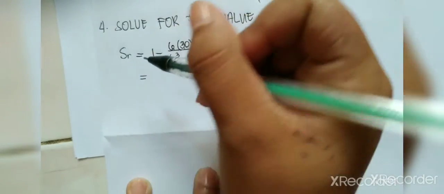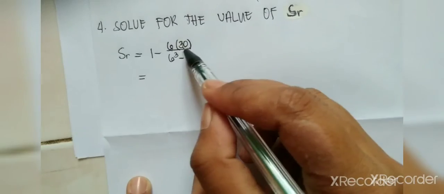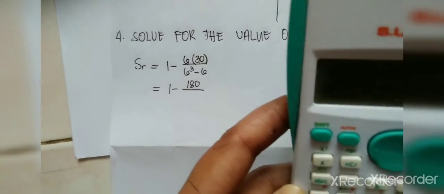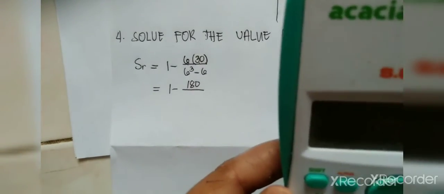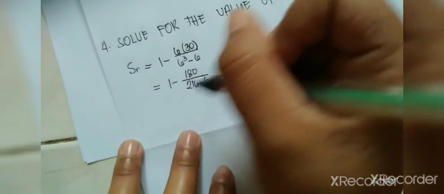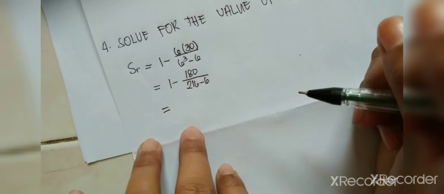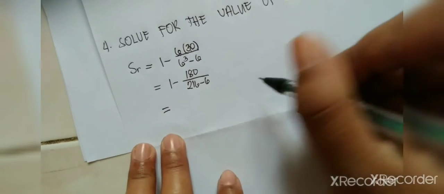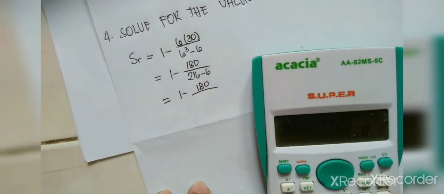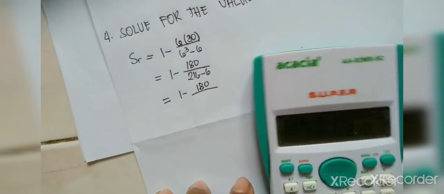First we multiply: 6 times 30 is 180. 6 cubed is 216, and 216 minus 6 is 210.